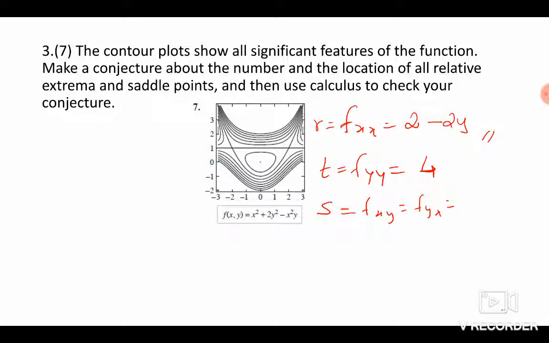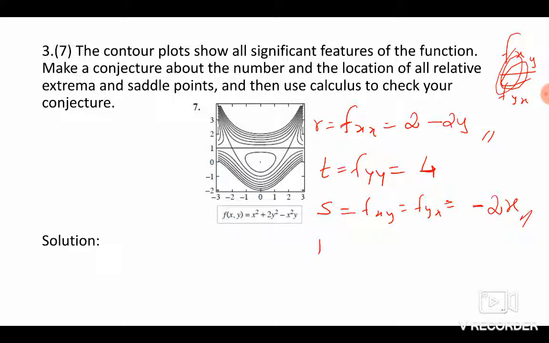You can take fx, differentiate with respect to y, it will be fxy. You can take fy, you can differentiate with respect to x, it is fyx. Anything is good, right? So what is s, second derivative? Is it negative 2x? Check your answer. There are 3 terms.